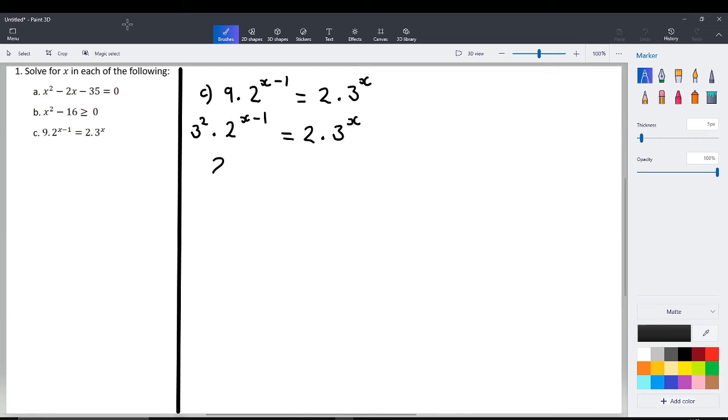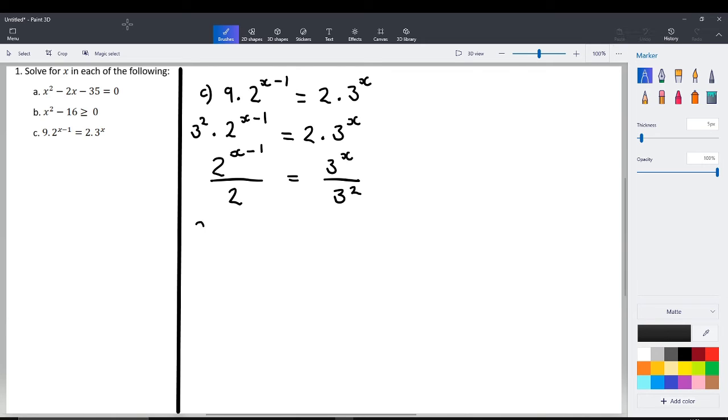So this will be equal to 2 to the power of x minus 1 divided by 2 being equal to 3 to the power of x divided by 3 squared. According to the laws of indices, if we are dividing, it is the same as subtracting your powers.